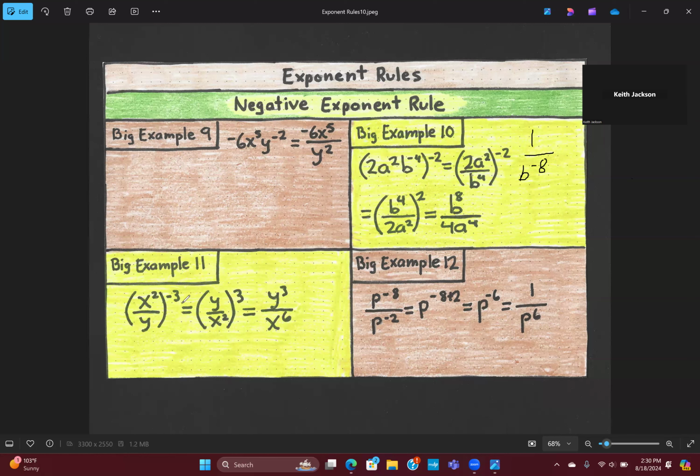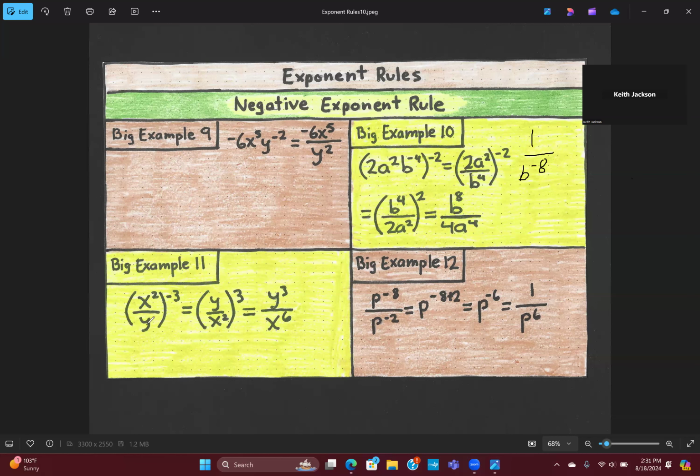All right, and so now in this situation, we have the quantity of x raised to the second power over y raised to the third power, all that raised to the third power. Now what's going to happen here, we're going to have x raised to the second power raised to the negative third power, and that's going to give us x to the negative sixth power, which will force us to write it as 1 over x to the sixth power, that you see in our final answer.